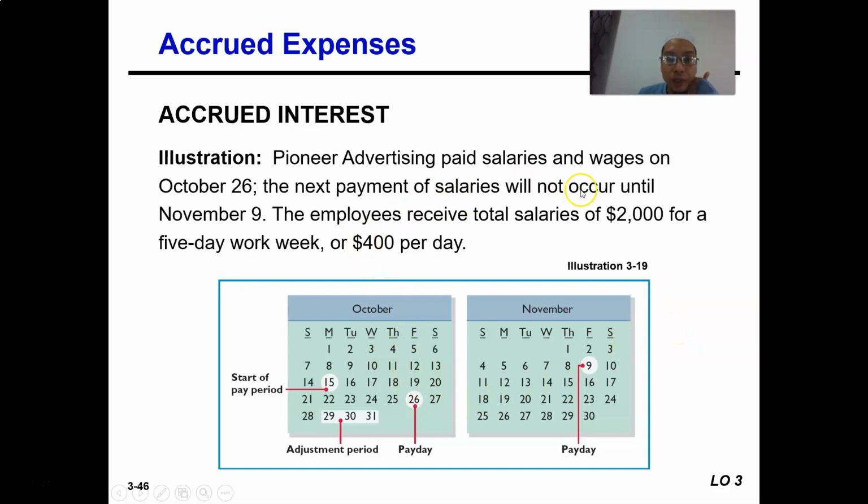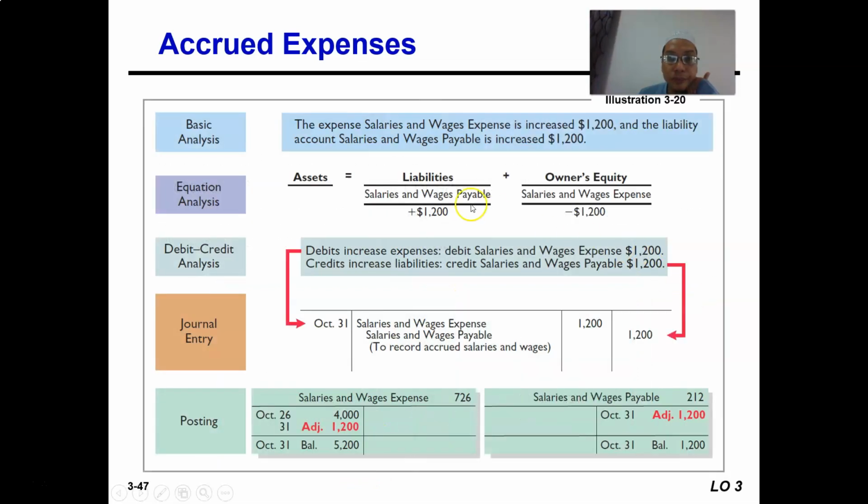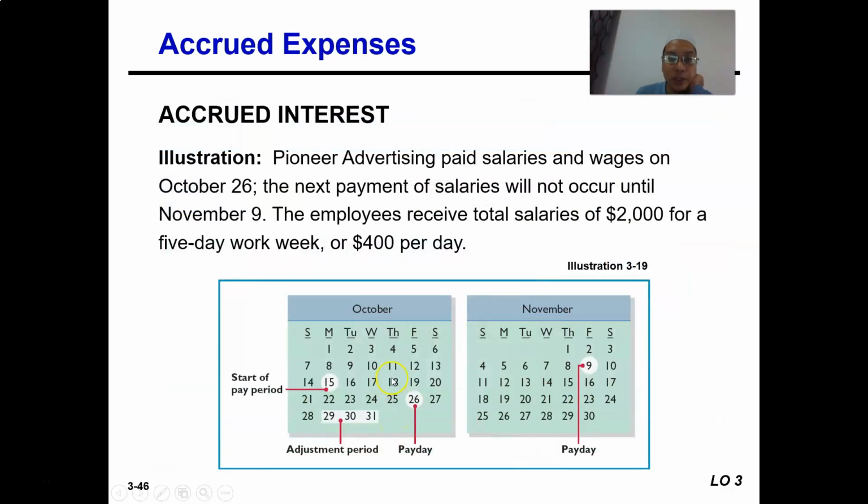If you see back here, one day of work is $400. Therefore, 3 days in October have not been paid. 3 days times $400 per day is $1,200. $1,200 is owed by Pioneer Advertising to its employees.